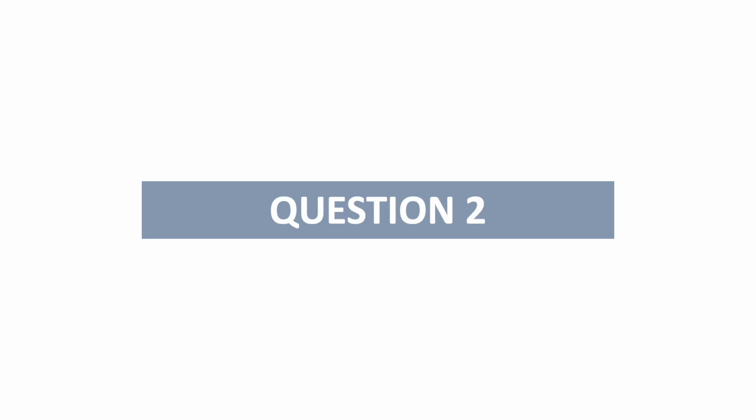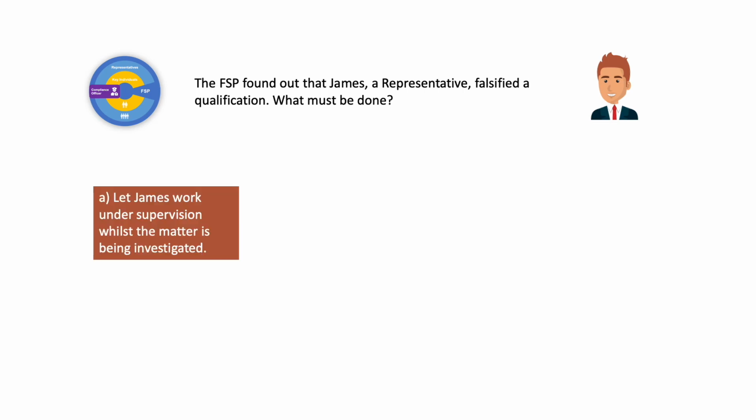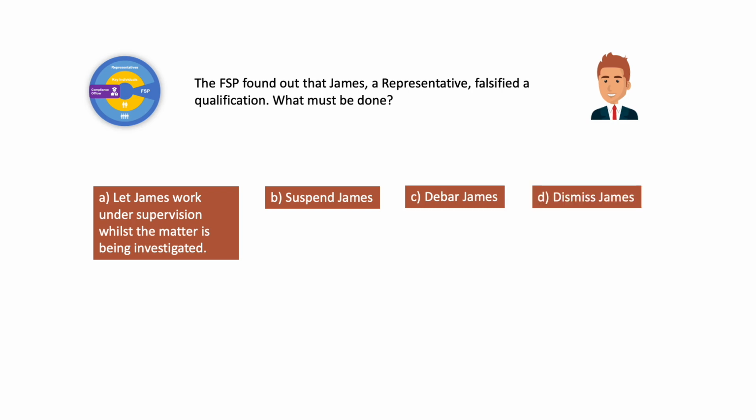Question 2. The FSP found out that James, a representative, falsified a qualification. What must be done? A. Let James work under supervision whilst the matter is being investigated. B. Suspend James. C. Debar James. D. Dismiss James.